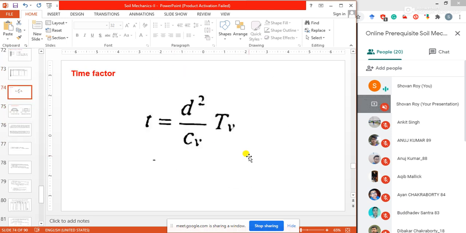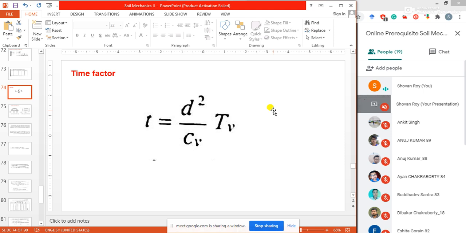This is the actual formula of time factor, which was already discussed in previous classes, I think one or two classes before.